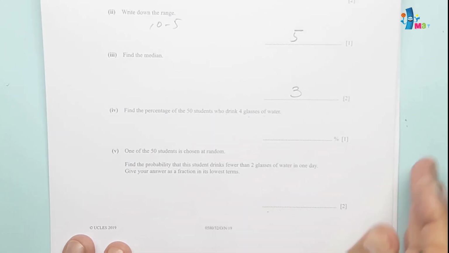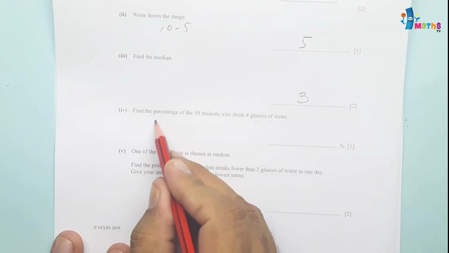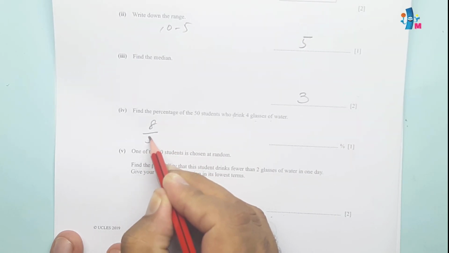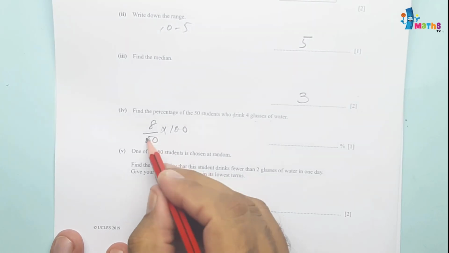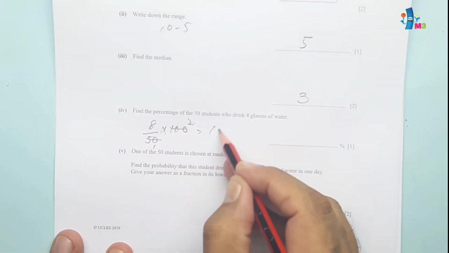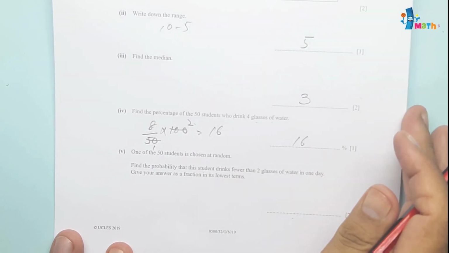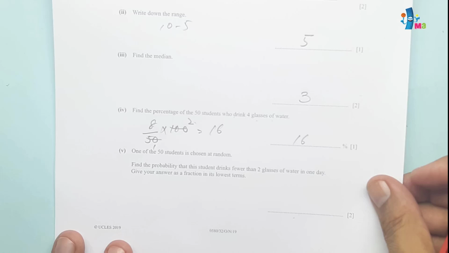So this will be percentage we have to calculate, so it will be 8 out of 50 into 100, and this will be 5 1s are 5, 5 2s are 10, 50 2s are 100, so 8 2s are 16, so we can write 16 as answer.